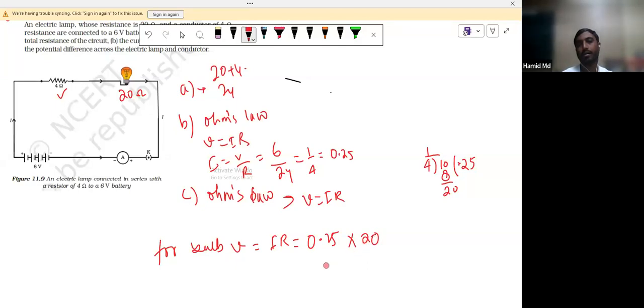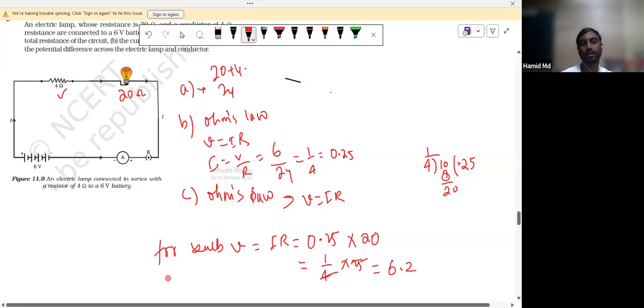Yes, sir. So instead of writing this, we may write 1 over 4 into 20.